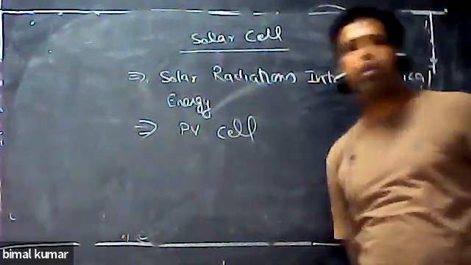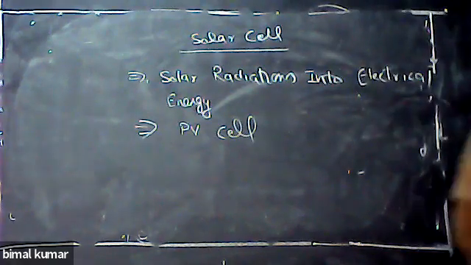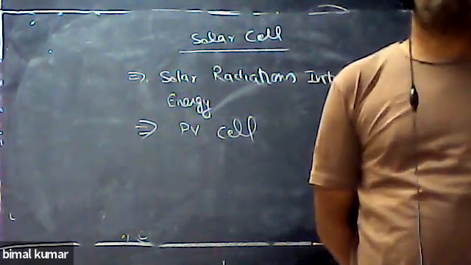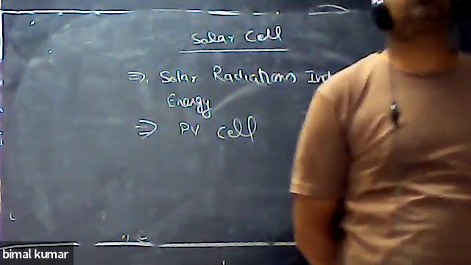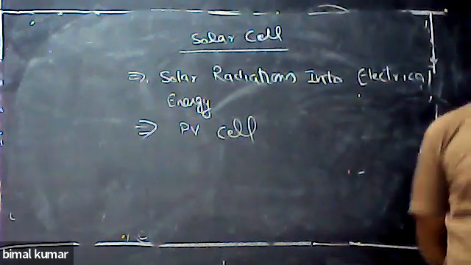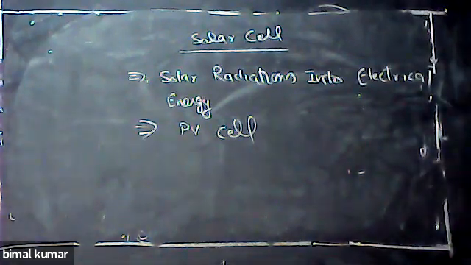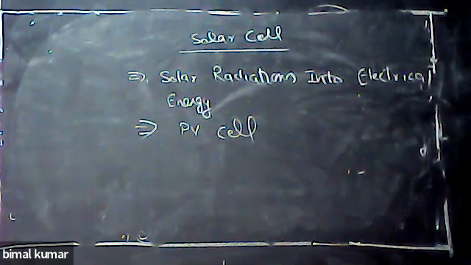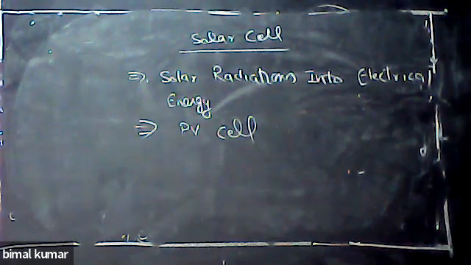So this is another technique for direct energy conversion, because in this case no intermediate state is there. We will be able to convert solar energy directly into electrical energy, right?